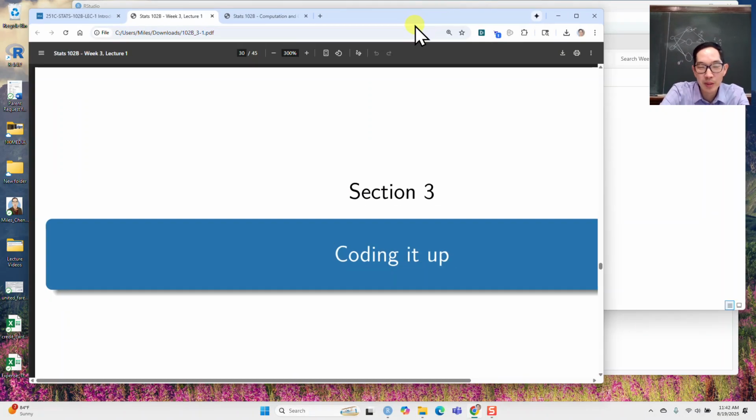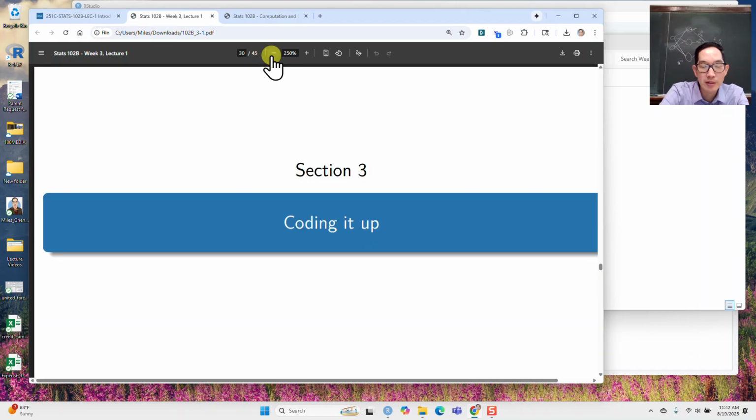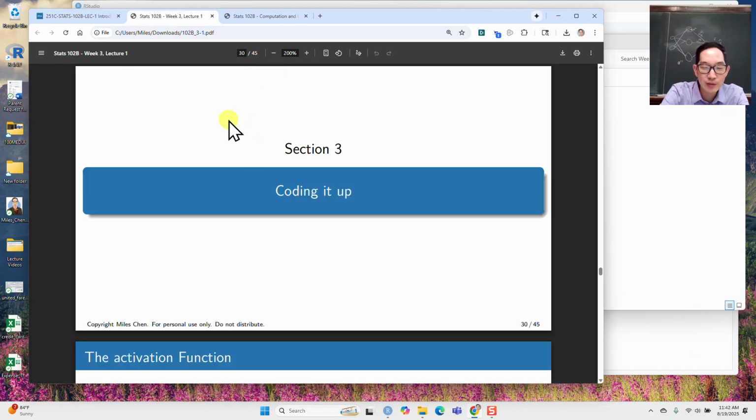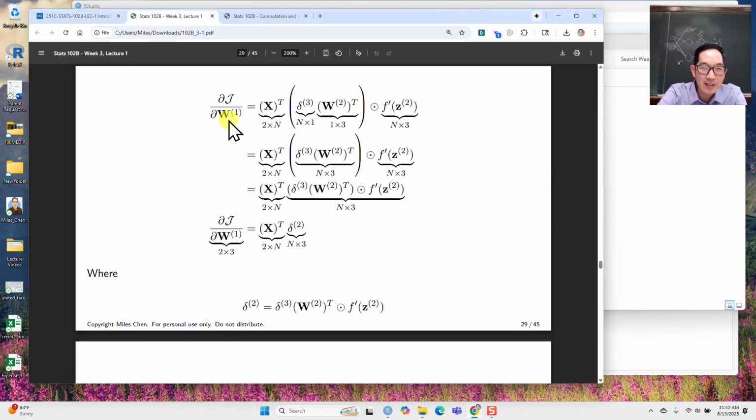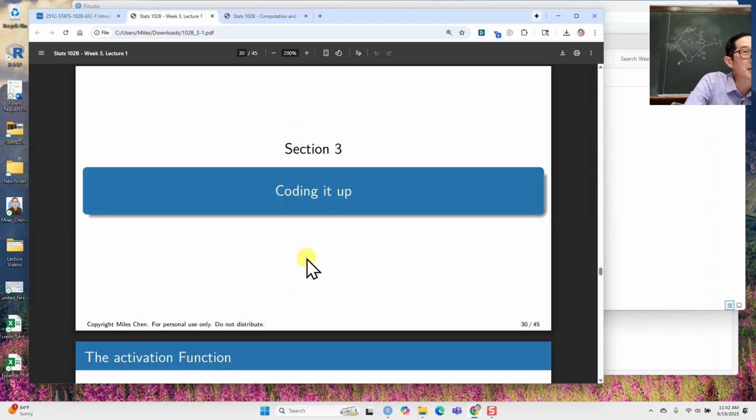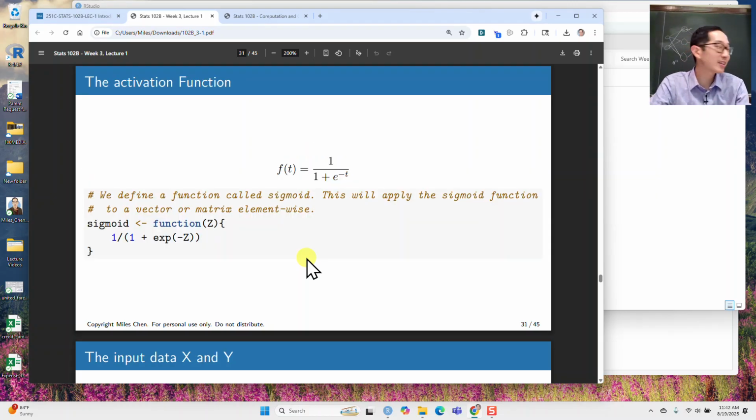The great part about R is it's relatively easy to go directly from something in this matrix form into R code, just because R looks a lot like matrix operations here. So we're going to just code this in there.